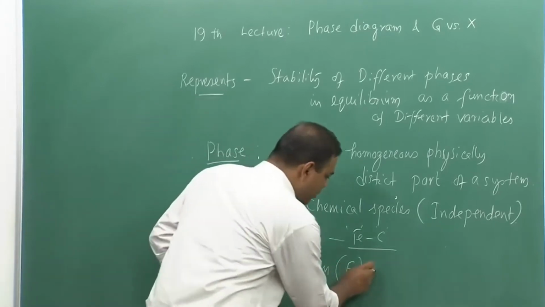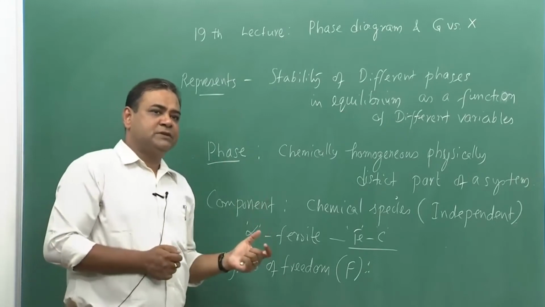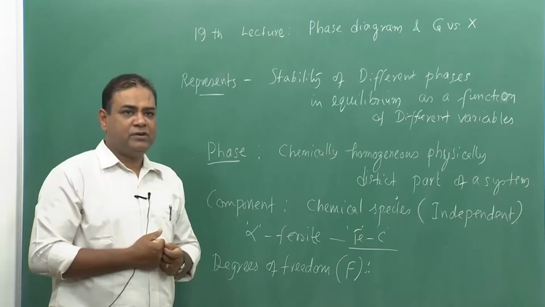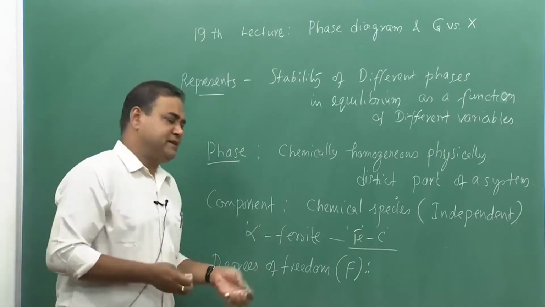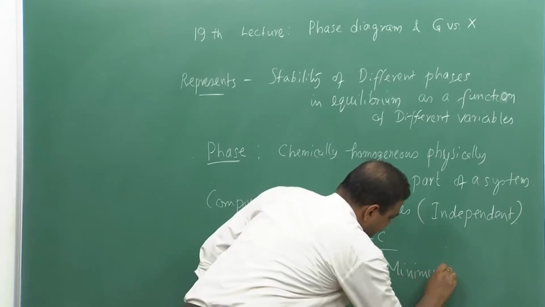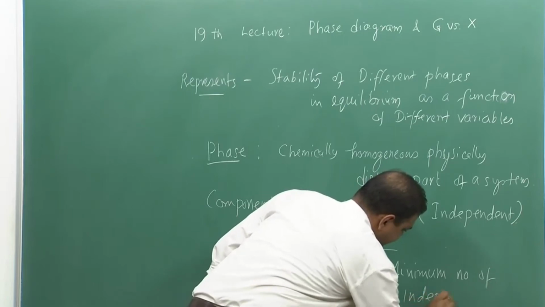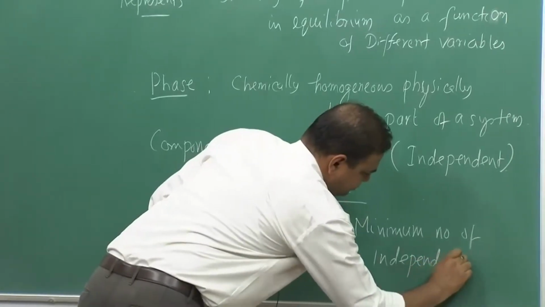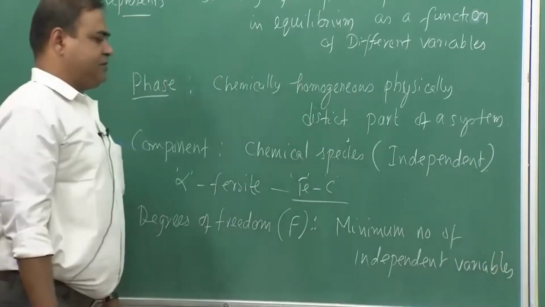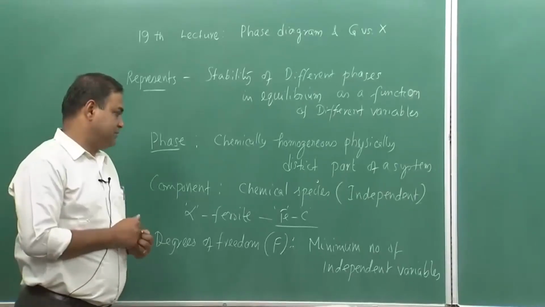So, that now it tells me that it is not only the number of variables, rather it is the minimum number of variables that will be required, and that too they will be independent. So, minimum number of variables that will be required to define that particular stability of that particular phase.